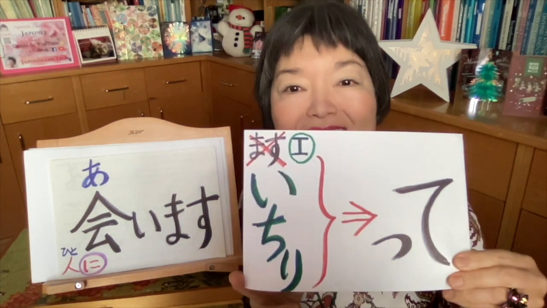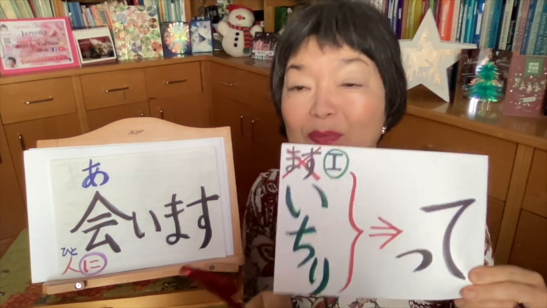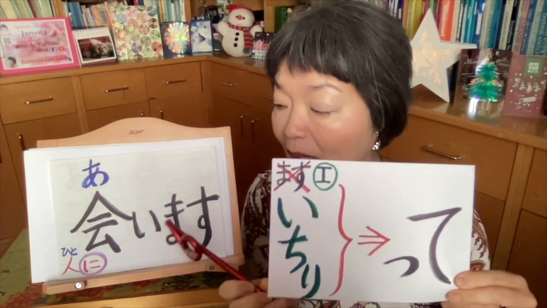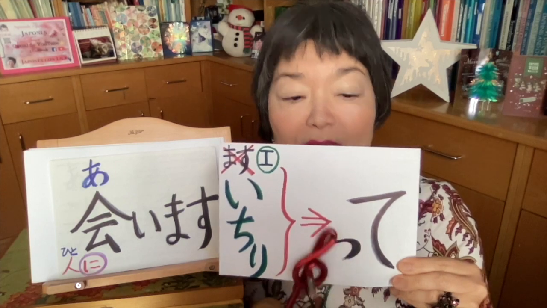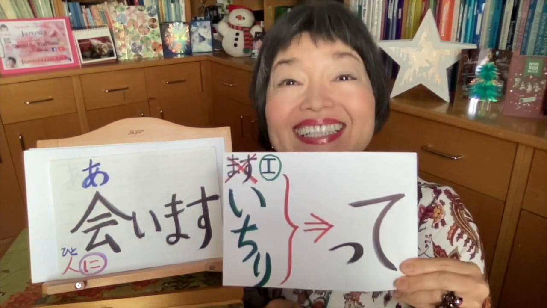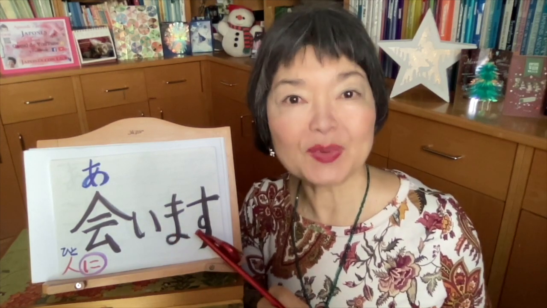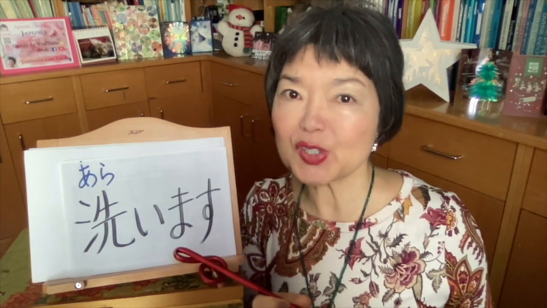Let's see some examples with i, chi, ri just before mas. For example, the i sound changes to small tsu and te. 会います, to meet someone. 会って. 洗います, to wash.